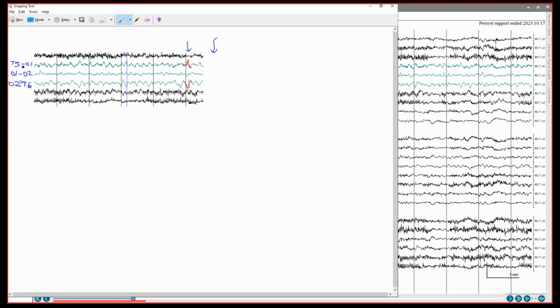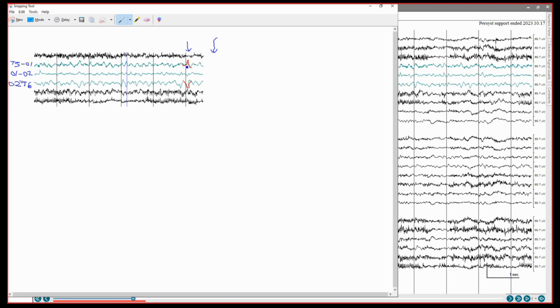If input 1 is more negative with respect to input 2, we see an upward deflection. But actually, O1 is the source of this discharge. So it's generating a positive voltage, a positive current. So it's making T5 negative by association, a relative negative feature to T5. So that's why we have the upward deflection.